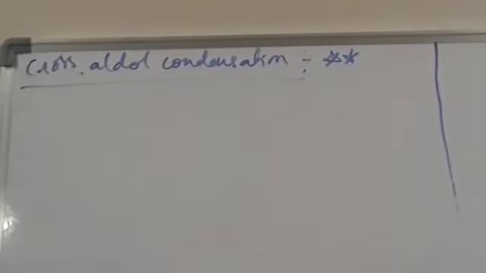So this is the condensation product of propanaldehyde, where 2 molecules of propanaldehyde undergo condensation in presence of dilute sodium hydroxide. If 2 molecules of acetaldehyde undergo condensation in presence of sodium hydroxide, we'll get here but-2-enol.